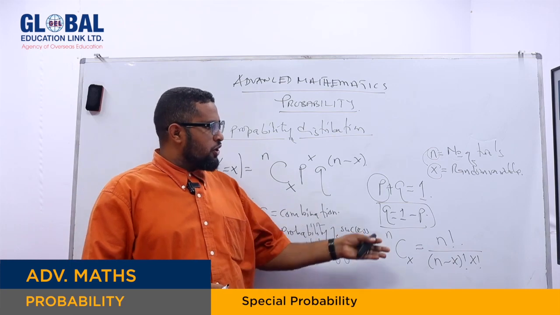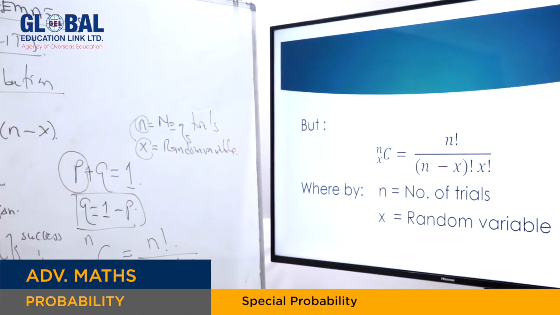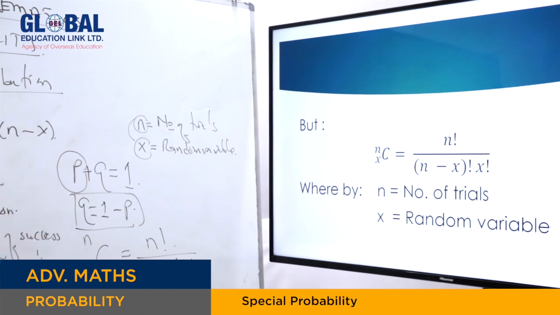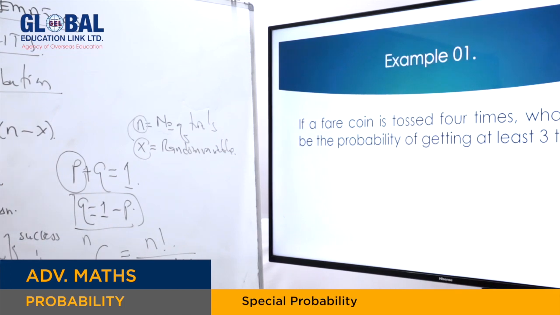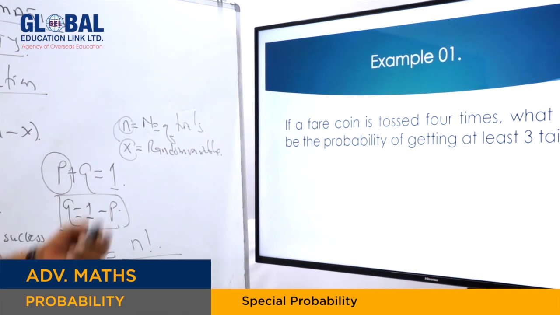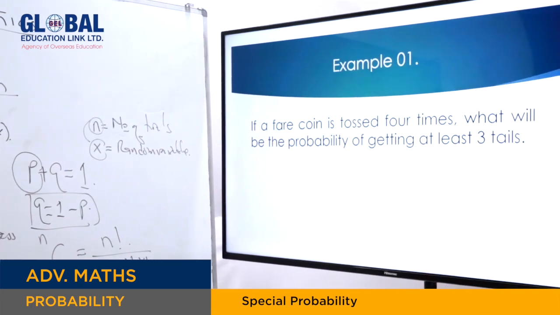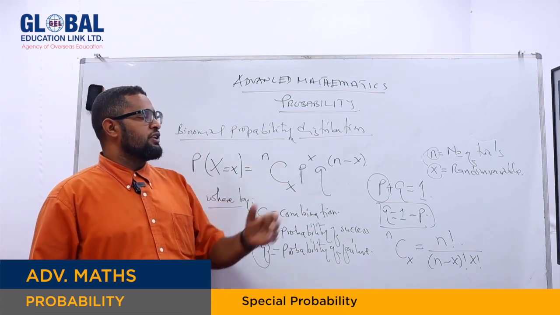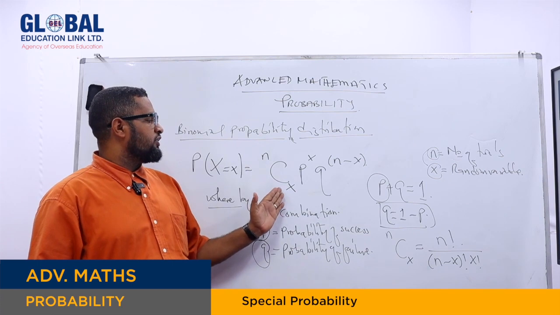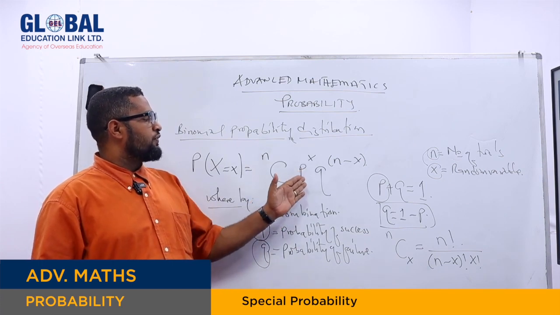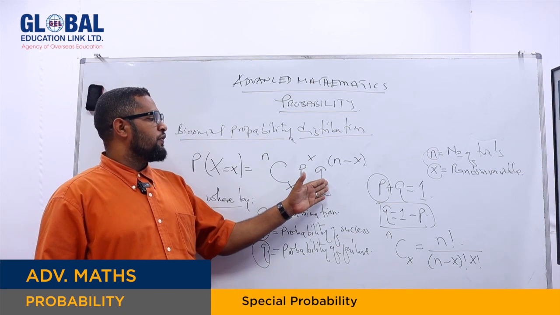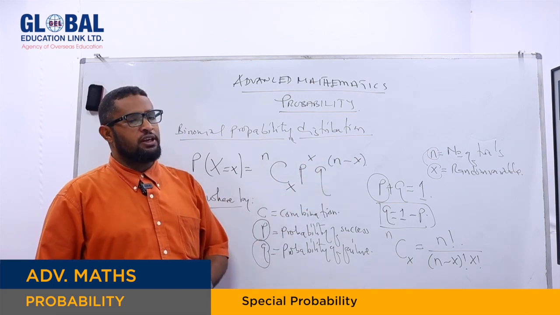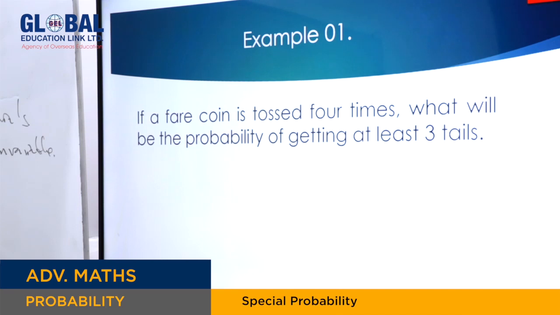So after going through the characteristics of binomial distribution, let's start checking example number 1 on how to use the formula of binomial probability distribution, which is nCx, probability of success to the power of x, probability of failure to the power of n minus x. So let's go together checking the first example until the end of our session. Okay, example number 1.